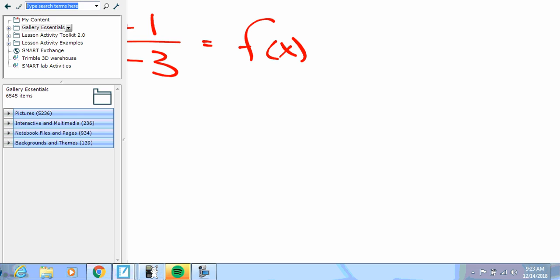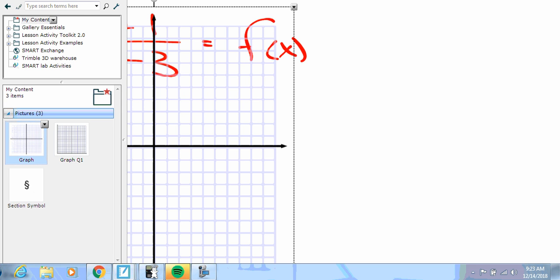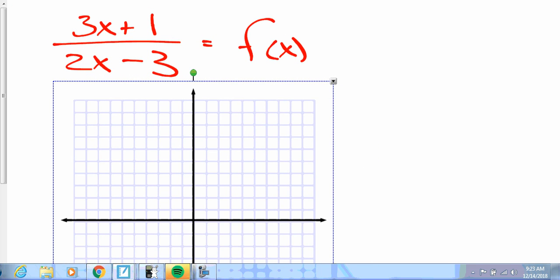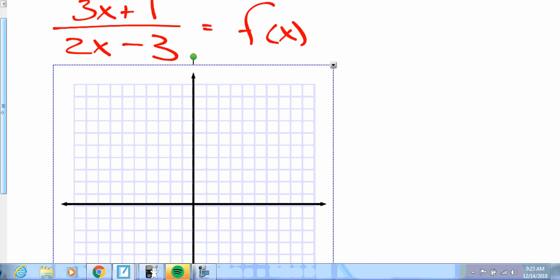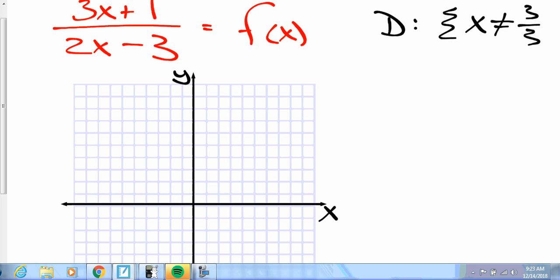So, let me get my graph paper out. x and y. You said my domain is x can't equal positive 3 halves.